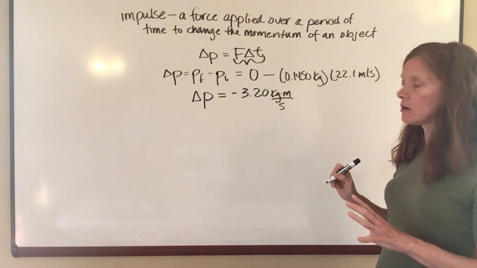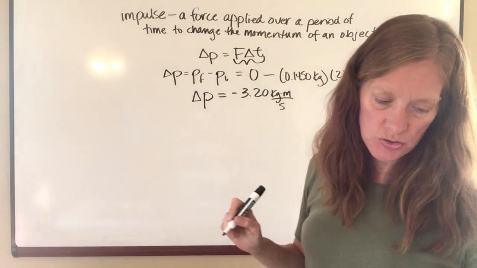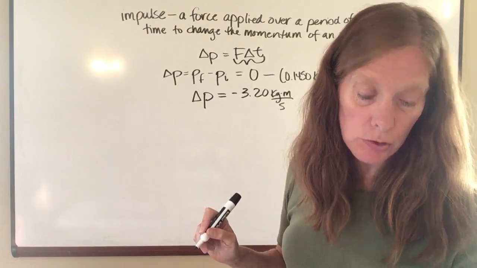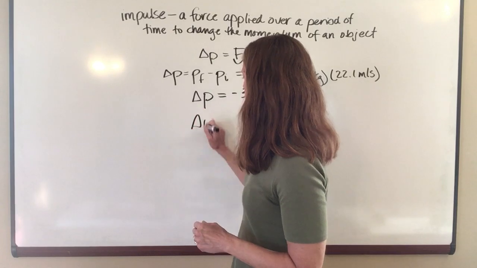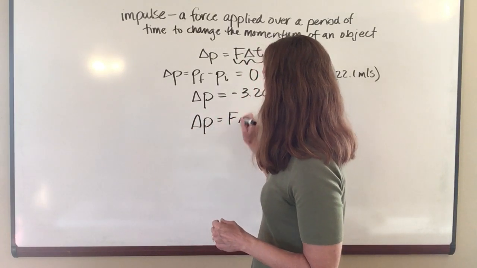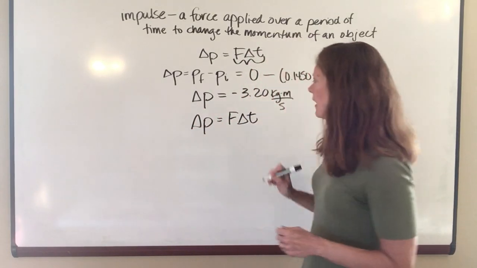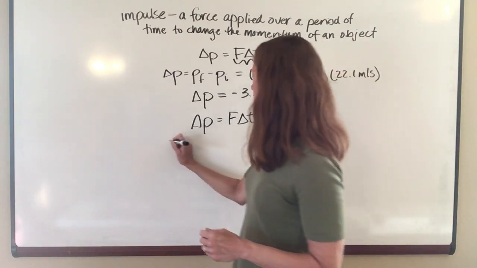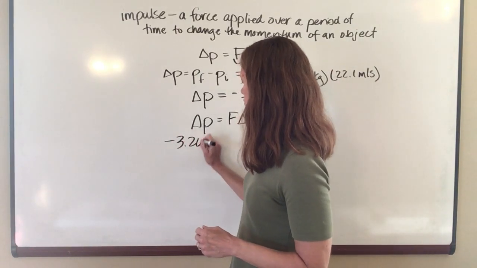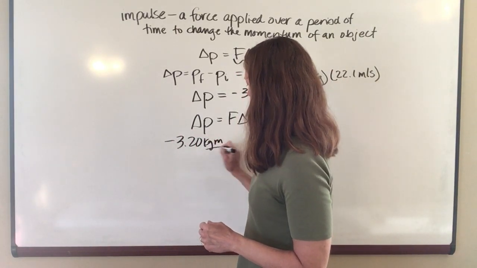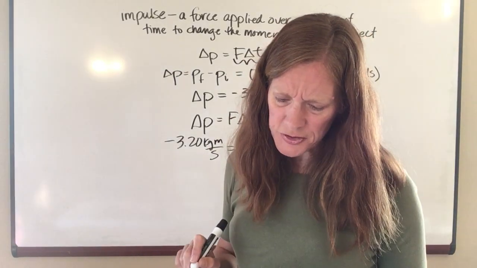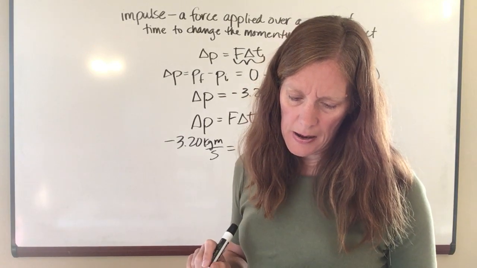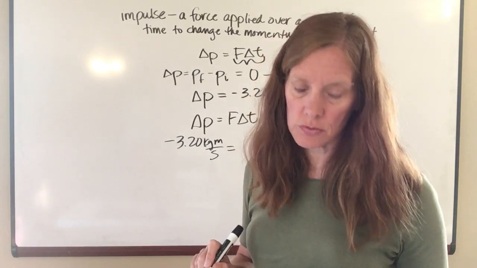Now, it's asking how long it will take to stop the ball, so I'm going to use my delta P equals F times delta T again. I know that delta P is negative 3.20 kilogram meter per second, and it tells me that the force is 55 newtons.